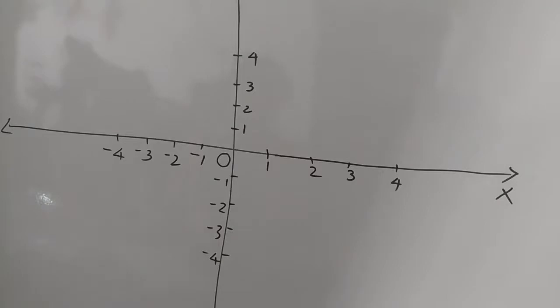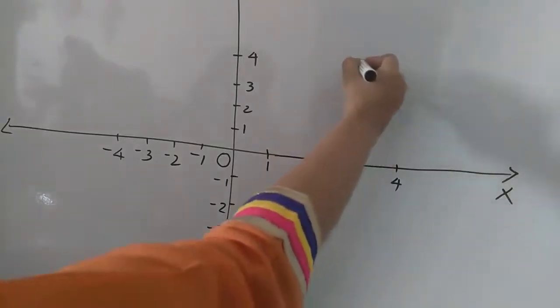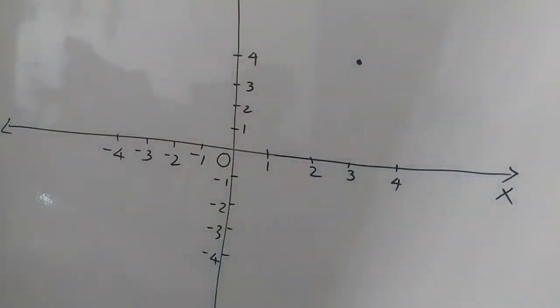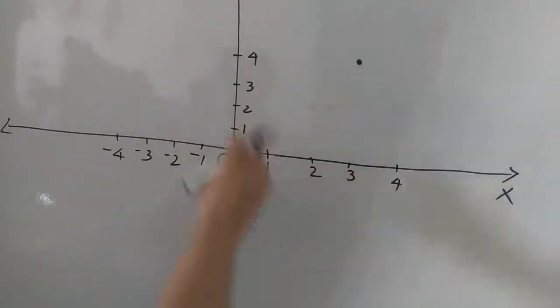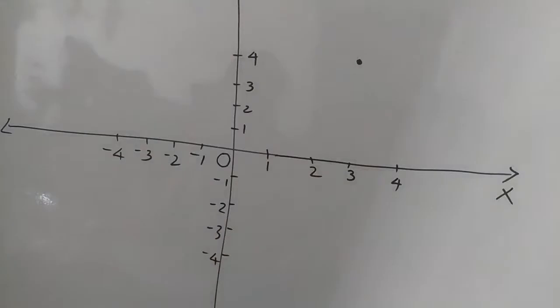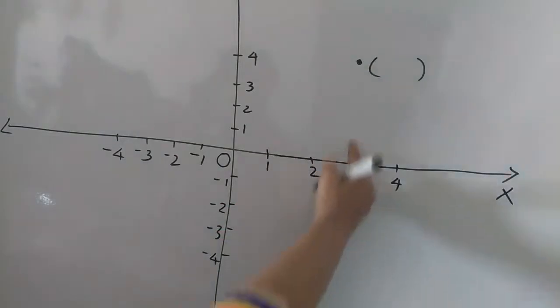Now students, if we want to know a perfect position, suppose I take a point here, and I want to know where this location is lying. For that, this Cartesian system is very useful. So here if the point is drawn, what is the x coordinate of it?